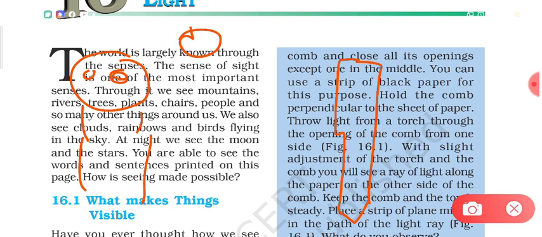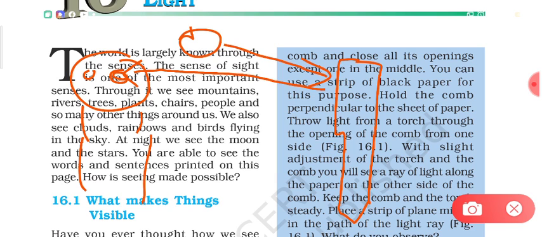The mechanism is that the light falling on the pen gets bounced back from the pen, and when this light enters your eyes, it goes to the retina, which helps in seeing the object.